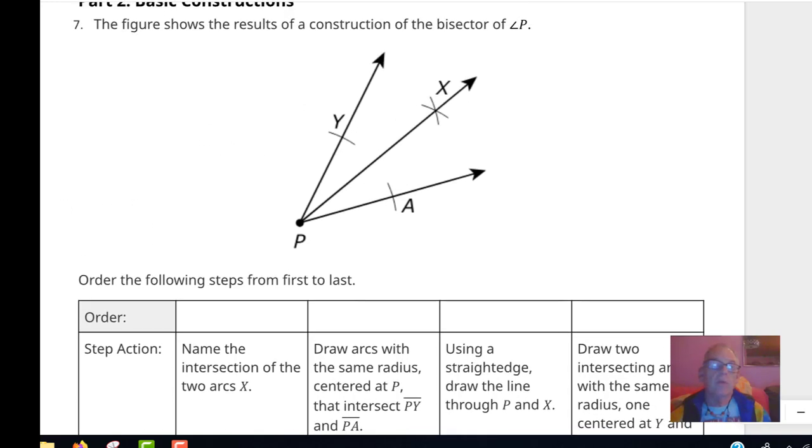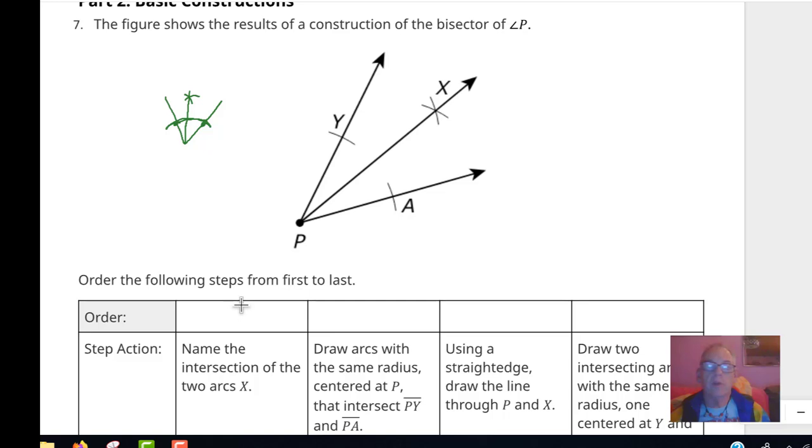If I was to sketch the process of bisecting an angle, we've got the angle. Then we're going to do an arc. Then we're going to find the points on this arc and strike another arc and another arc in the center. And then we're going to connect that intersection with the vertex.